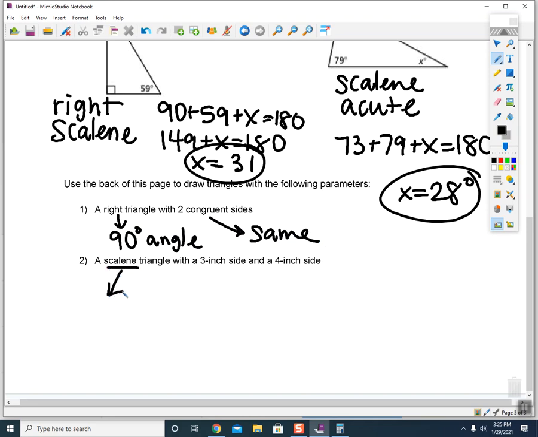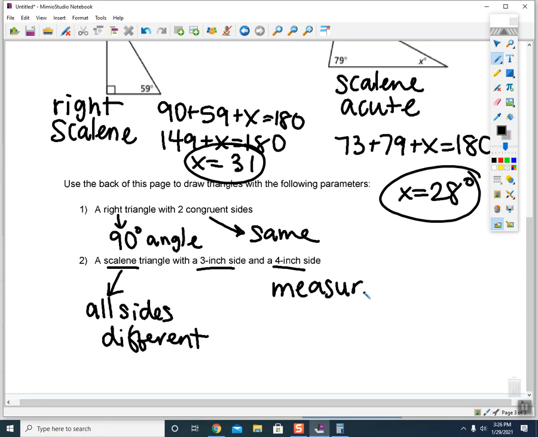Scalene means that all sides are different. I want a 3-inch side, a 4-inch side, and then go ahead and measure the third side to see what that would be, because you got to make sure that they're all different. Okay, that is all for 7.3.